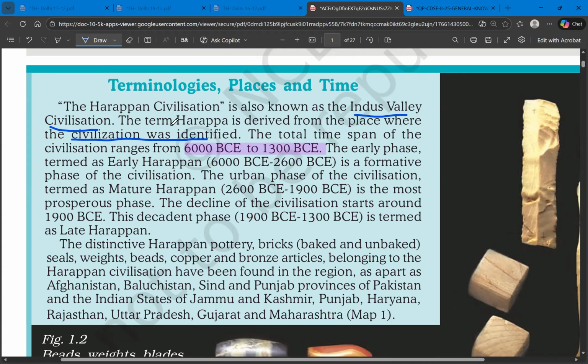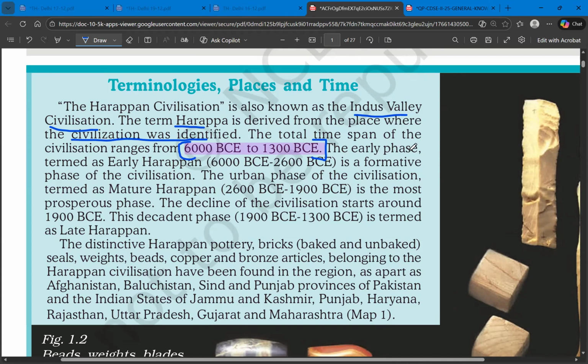The total lifespan of the civilization ranges from 6000 BCE to 1300 BCE. So what is the time period of Harappan civilization? It is between 6000 BCE and 1300 BCE.